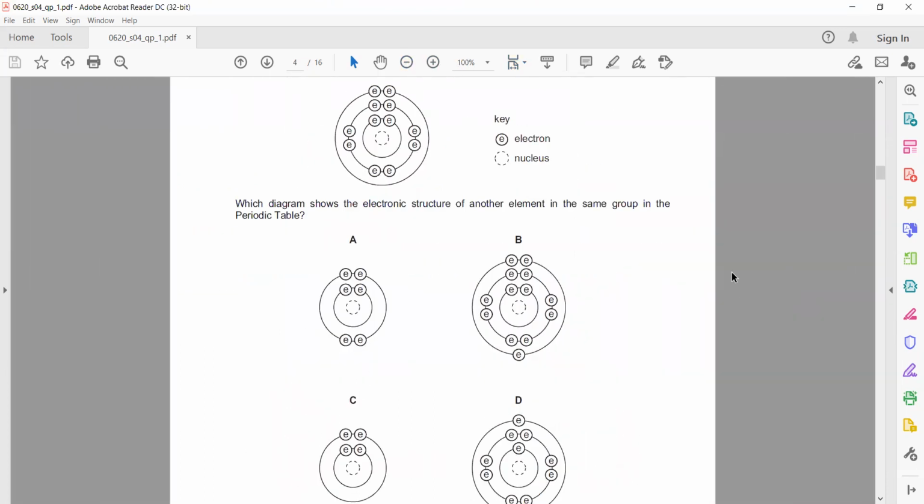Which diagram shows the electronic structure of another element in the same group? So how to work out the group? You have to check the number of electrons in the last shell, which represents the group. So this element has 2 electrons in the last shell, so it is group 2.